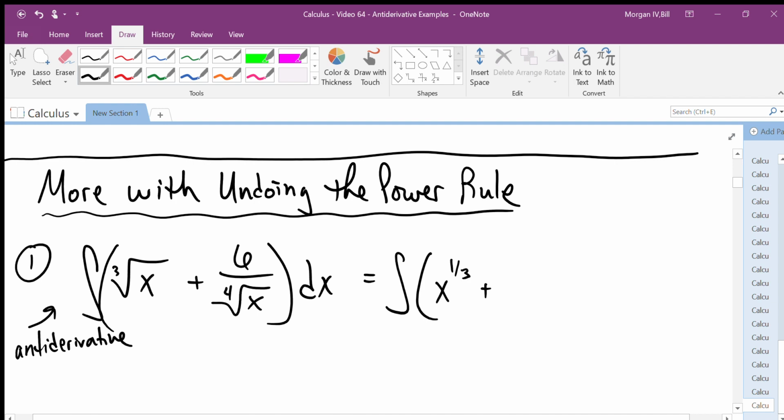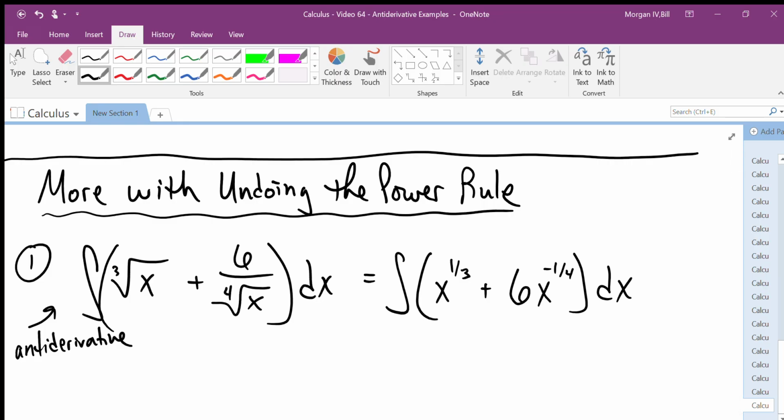So the 4th root of x would be x to the 1/4, but it's in the denominator, so I'm going to bring that to the top, leave the 6 up here, bring the x to the 1/4 to the top as x to the negative 1/4.